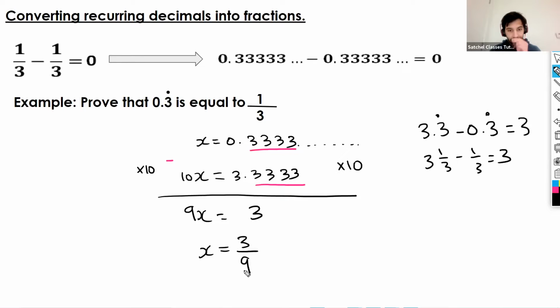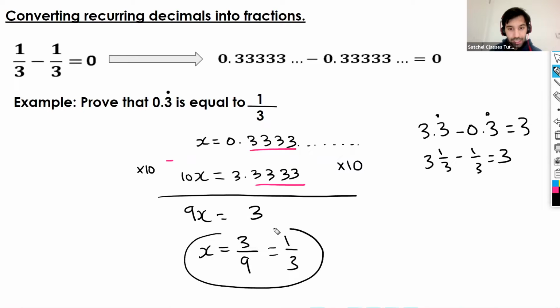x is therefore equal to 3/9. 3/9 simplifies to 1/3. So we've just proven that 0.333 recurrent is equal to 1/3, because as we've stated here, x is equal to 0.333 and 0.333 is equal to 1/3.